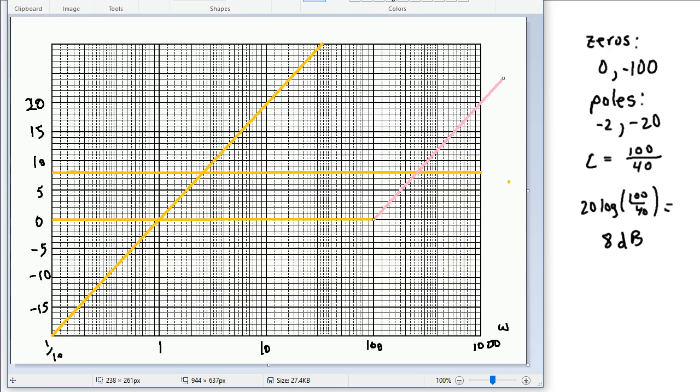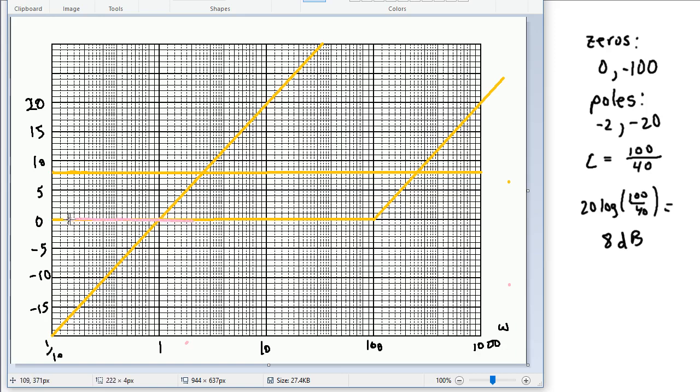Anyway, I've got a pole at 2, which is, let me choose a slightly different color for my pole terms here. I've got a pole at 2, that's right here, again for that term.